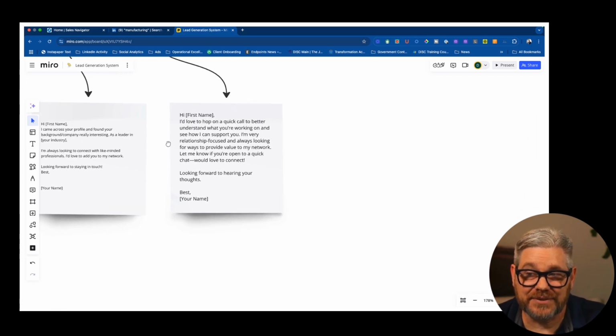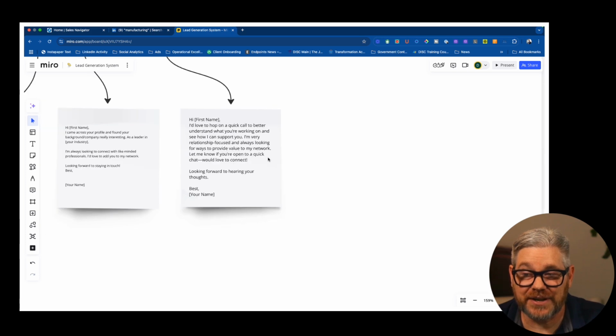After they accept, all of the people that accept, so the 40 people roughly that are going to accept my request, the next message that they get from me is I'd love to hop on a quick call to better understand what you're working on and see how I can support you. I'm very relationship focused and I always look for ways to provide value to my network. Let me know if you're open to a quick chat. Would love to connect.